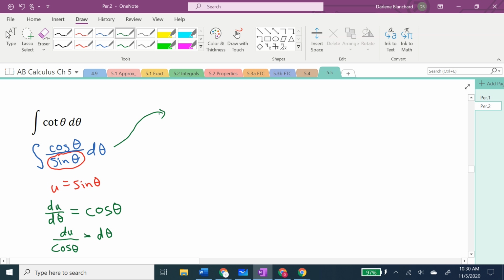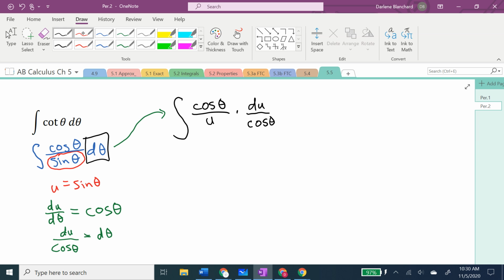Then this integral becomes, I've got the cosine theta in the numerator. I substitute what was chosen to be u with u, and I substitute d theta with what I found it to be in terms of du. Magically, goodbye to cosine, and I have the integral of 1 over u du.